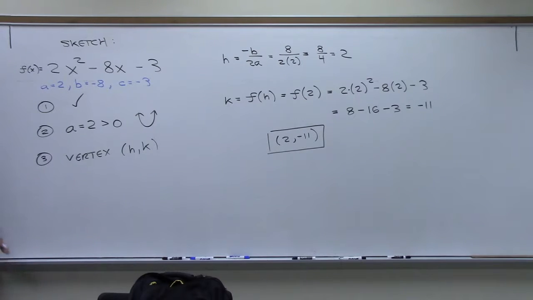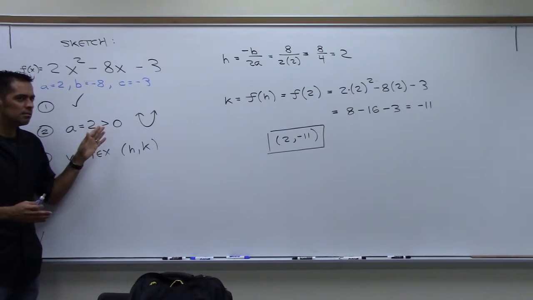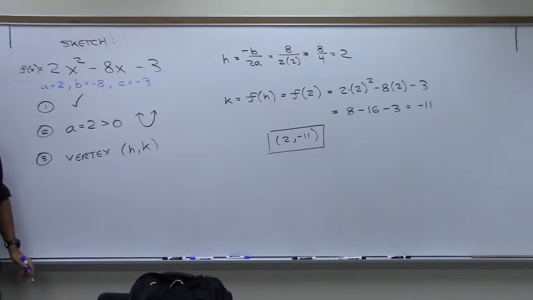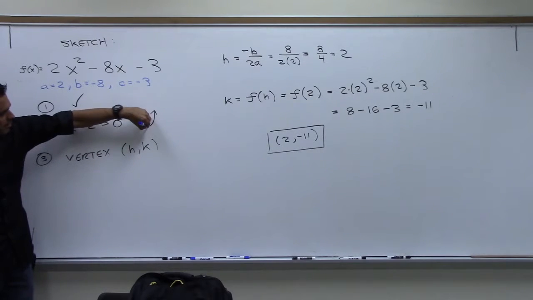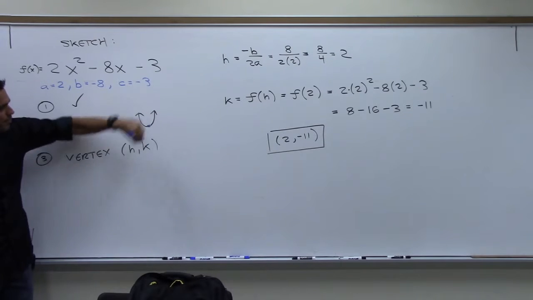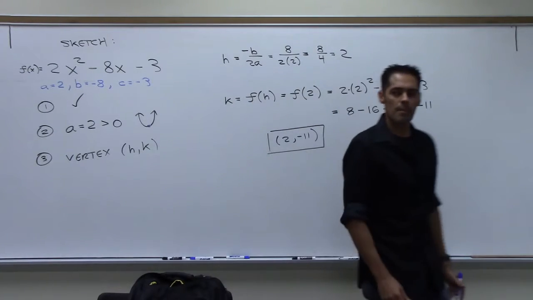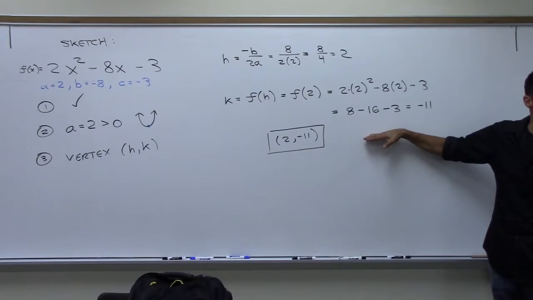You're trying to explain to someone, that point's going to be the center, lowest point. Good. Okay, that's going to be the lowest point. Do you agree with that? Because it opens up, we know that that point is that point right there. That's the lowest point on our graph. As far as the work, though, we're done for step 3.